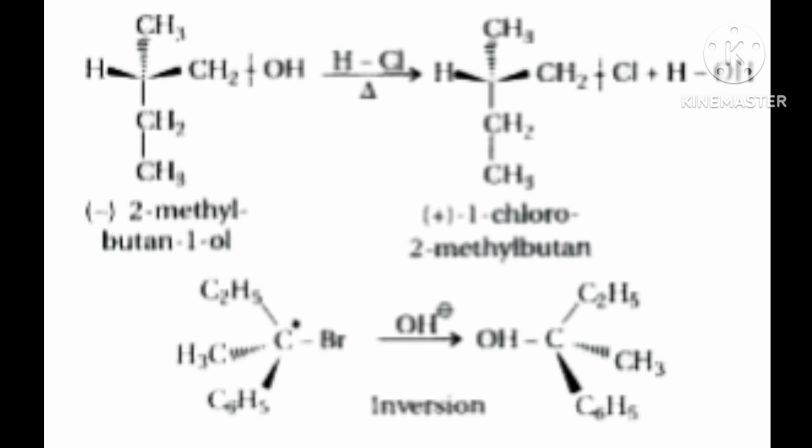First was retention of configuration, means you got the same thing. Structure was the same, all group directions were the same. But if B is the only compound obtained, the process is called inversion of configuration. Why? Because all groups went to the opposite, except the one which was on the paper, which has not changed.